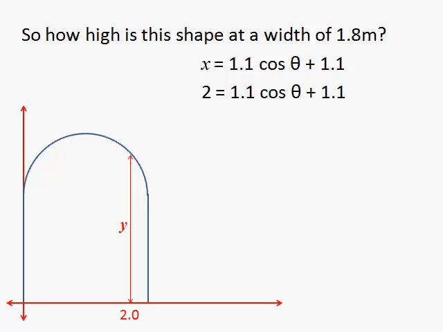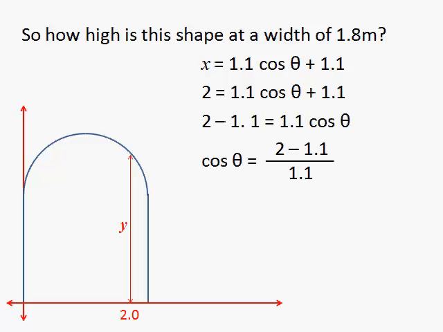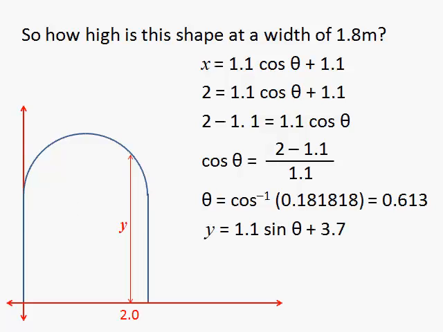Then we solve that by moving the 1.1 across, and then we calculate what theta is, and theta is 0.613. So when x is 2, theta is 0.613, and we can substitute that theta back into our y, and there we have it.